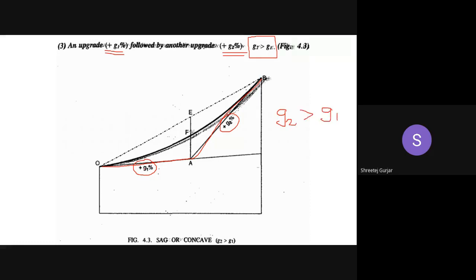To join these two kinds of grades, we have a vertical curve, O1, F, B. This is the curve which is joining these two gradients. So this is the third case: an upward gradient meeting another upward gradient, where G2 is greater than G1.